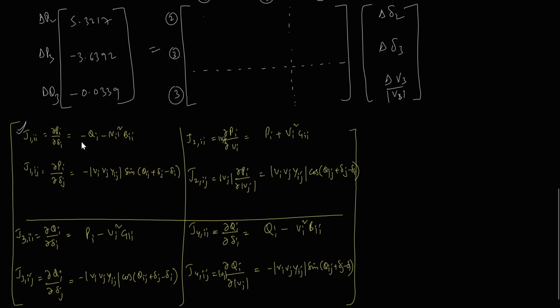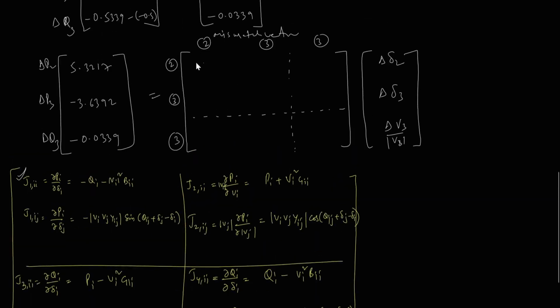So I am now evaluating this J1 2 2 element, right? This is minus Qi minus Vi square Bii, so it is minus Q2 minus V2 square B22, it should be like that.